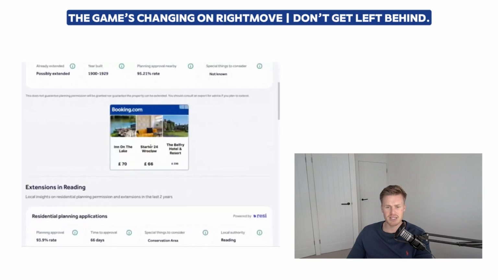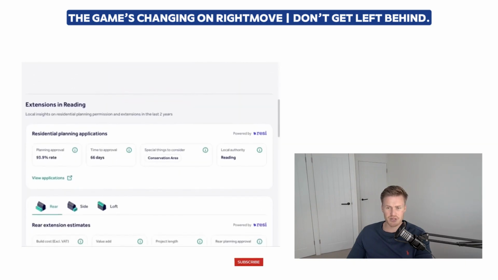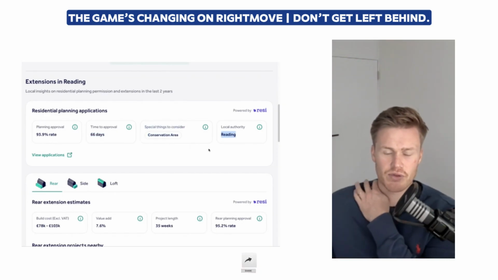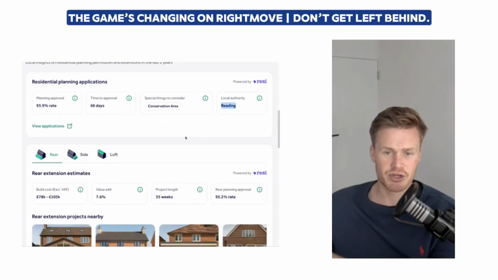Greenbelt's a little bit easier to get consents. It then goes on to tell you residential planning applications, where you can actually look at the approval rate, how many days it takes to get the approval, and special things to consider in this particular area. Obviously, this is a conservation area, and who the authority is. So this is just on Rightmove. So this is easy clicking, easy looking, easy understanding, and actually really useful information.